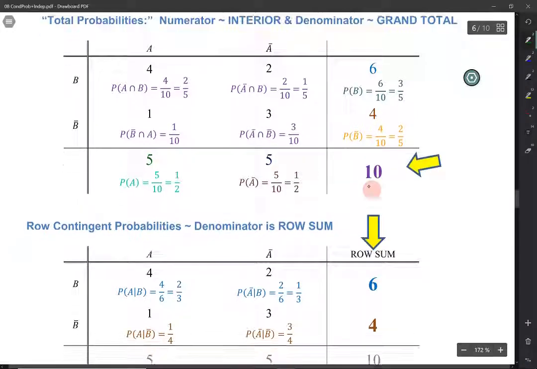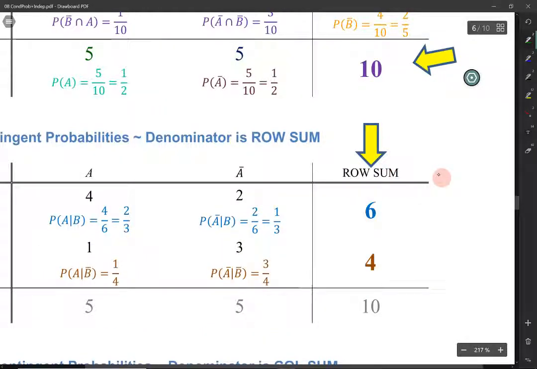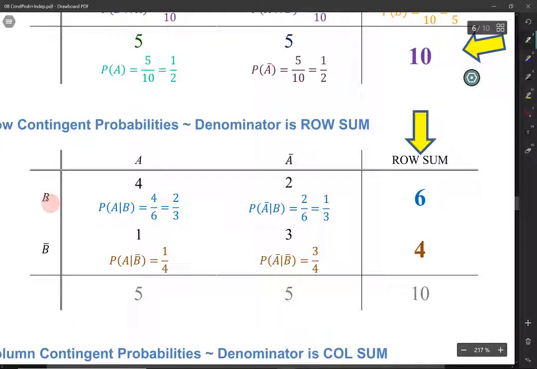Okay. On the other hand, sometimes you want to ask specific questions about B, right, or its complement. Given B basically means that you strike out this set, right, and that this set did not happen, and so then the new sample space is 6. So then your denominator shifts to being the row denominator.